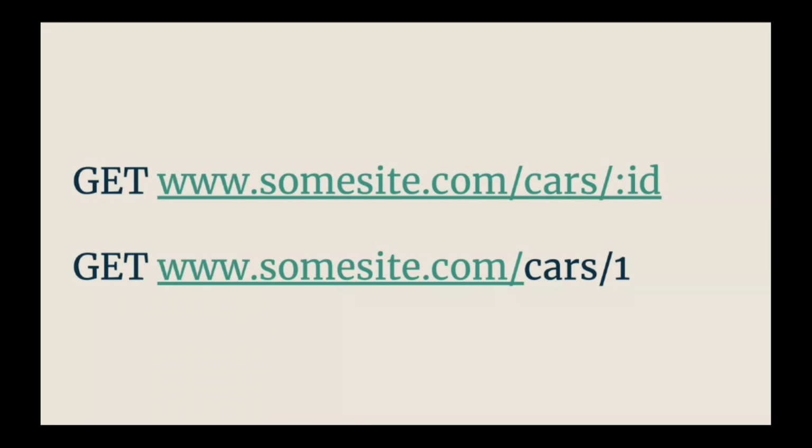Since I'm putting 1 here, it's probably going to give me the first car in their database. If I put 10 there, it would probably give me the 10th car in their database.